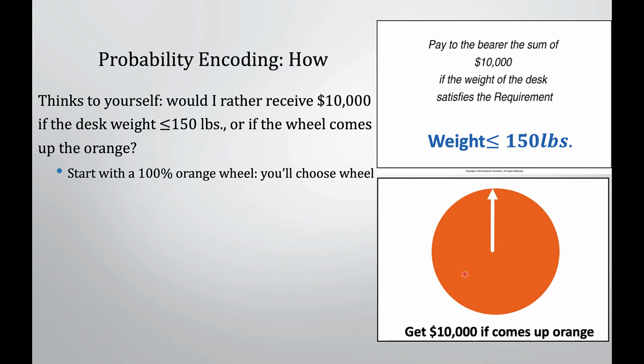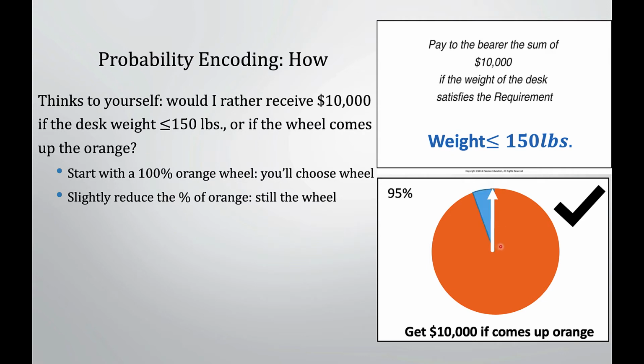So if we start with a wheel that is 100% guaranteed that you will win $10,000, you would choose this wheel. That is a super easy decision to make. Well, what if we slightly reduce the orange colored area of the wheel? Which one of these two would you choose when that happens?